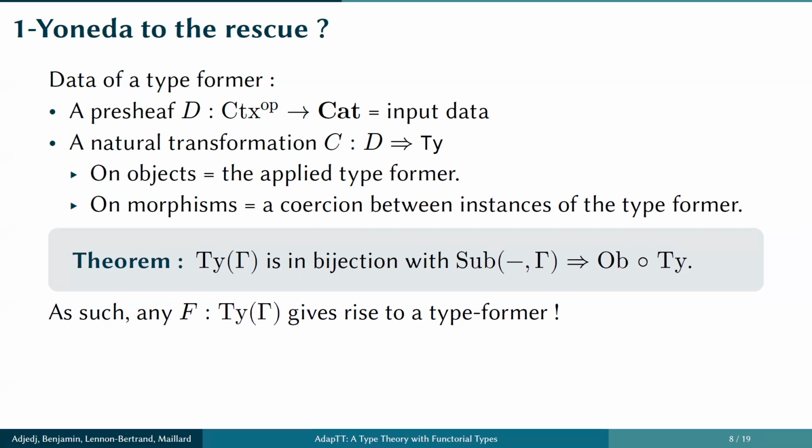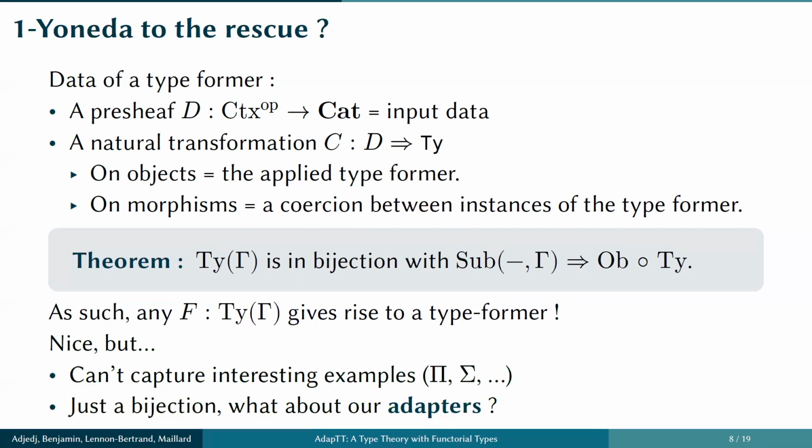That means that any F gives rise to a typeformer. That's awesome. Except it doesn't allow us to do anything with that. You can't really construct Pi or Sigma or anything interesting. And it's also just a bijection. It doesn't tell us anything about how this connects to our adapters. It doesn't tell us how it acts on one-cells.